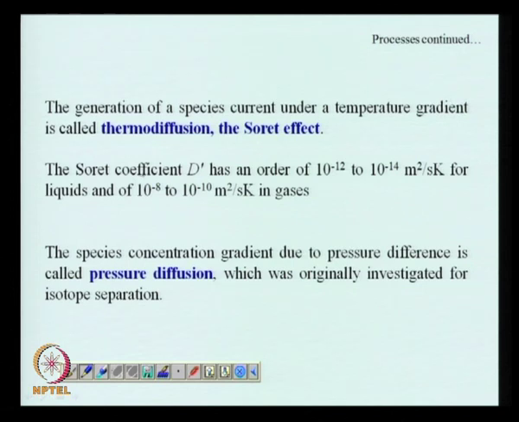For example, the Soret coefficient is of the order of 10 to the power minus 12 to 10 to the power minus 14 for liquids, and 10 to the power minus 8 to 10 to the power minus 10 for gases. So, the values are quite small compared to the corresponding effect at macro scale, and you need not use them in macro systems.